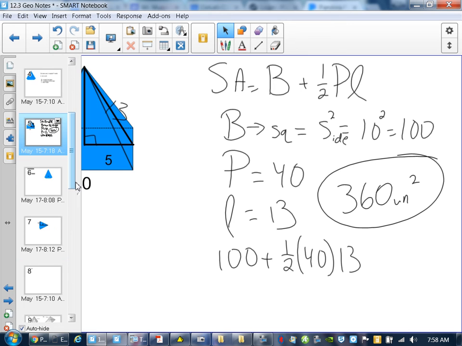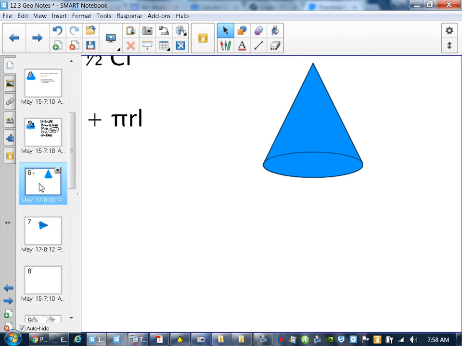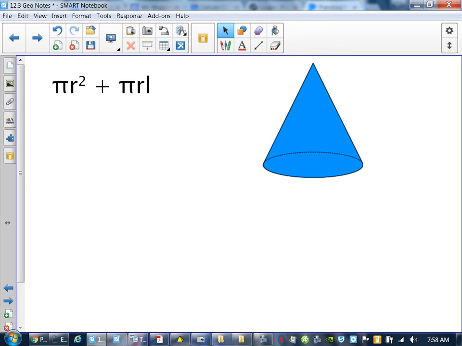All right, let's see. That's a cone. And just like we thought about earlier, if the surface area of a pyramid was the area of the base plus half the perimeter times the slant height, well, what's the perimeter of a circle?